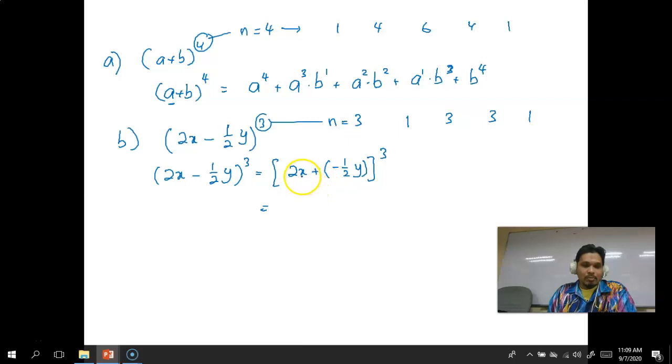And 1 by 1, (2x) cubed, and then (negative 1 over 2y) to the power of 0, plus (2x) squared.